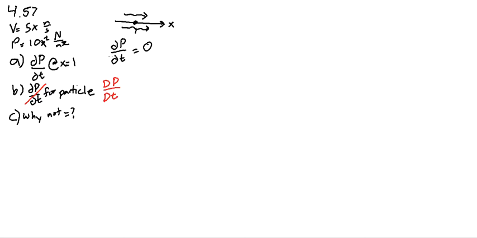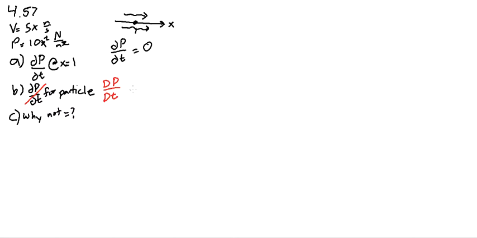So, what the material derivative does is it actually looks at both the effects of both time and position, even when they're not directly correlated, even when they're not directly functions of one another.